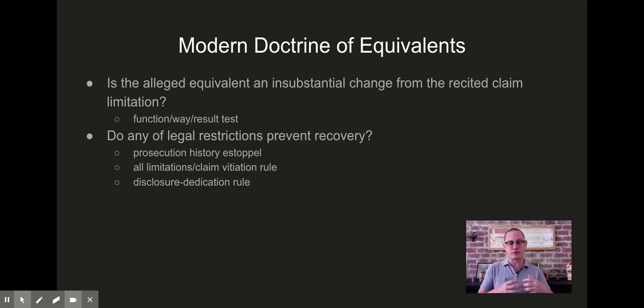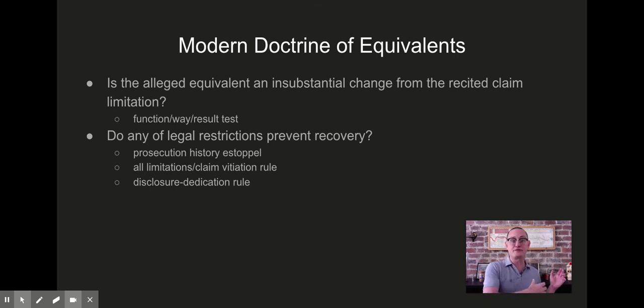Okay, there are also certain legal limitations, right? That are restrictions that prevent the doctrine of equivalence from applying. One of, probably, the most important is known as prosecution history estoppel. In other words, the courts should look back to the history of patent prosecution, the process of obtaining the patent in the first place, and determine whether or not the alleged equivalent was originally included within the patent claim and then removed for the purpose of obtaining the patent, right?